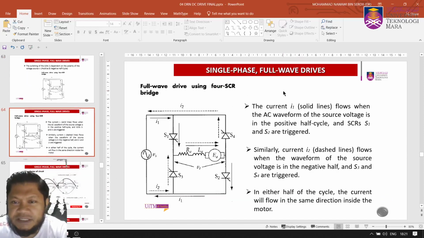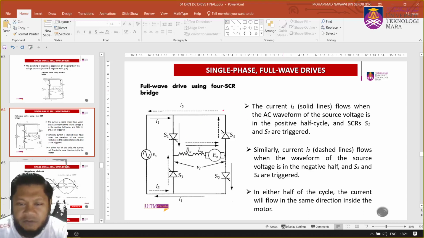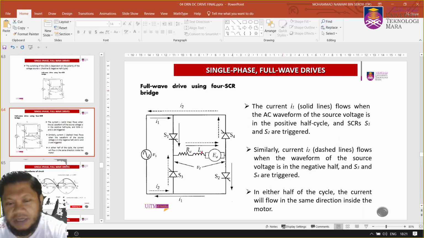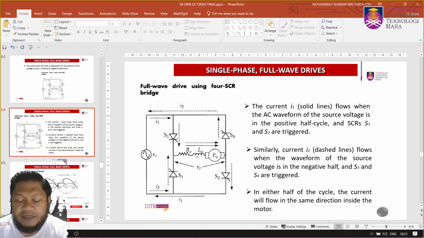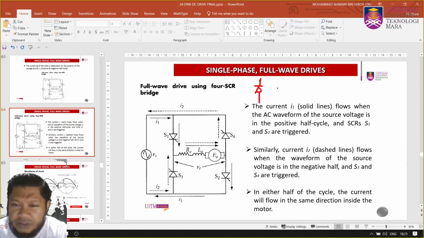This is a single phase full wave drive whereby we have four diodes or four thyristors, and then we have this armature resistance and also the armature circuit connected to the thyristors here. Normally we draw like this, isn't it? I hope you still remember the thyristors are always arranged like this in the previous Powertronics.